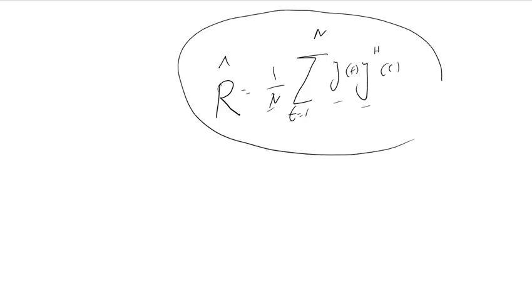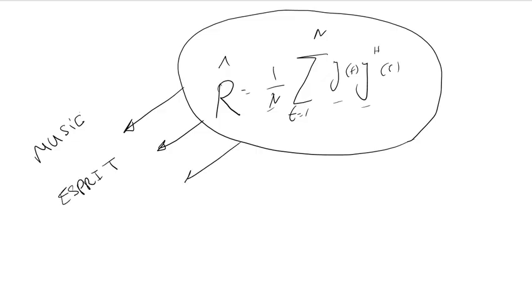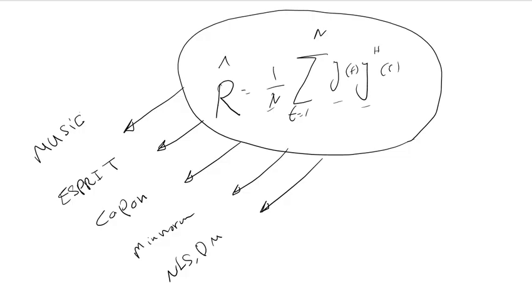Based on this estimate, you can then use the MUSIC algorithm for DOA estimation, the ESPRIT algorithm, the Capon algorithm, the minimum norm algorithm, NLS or deterministic ML, stochastic maximum likelihood, periodogram, and many more.